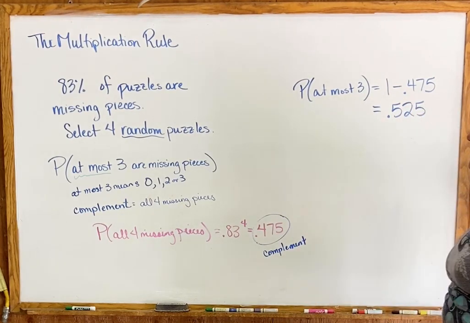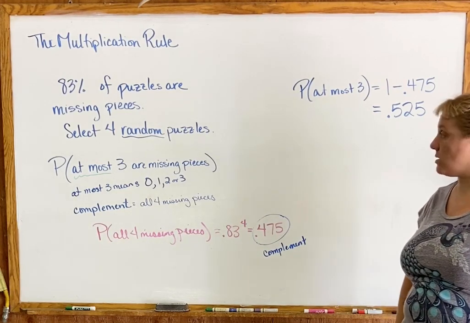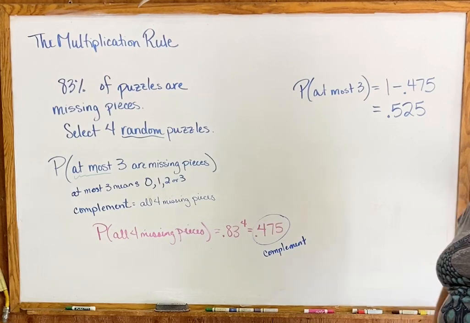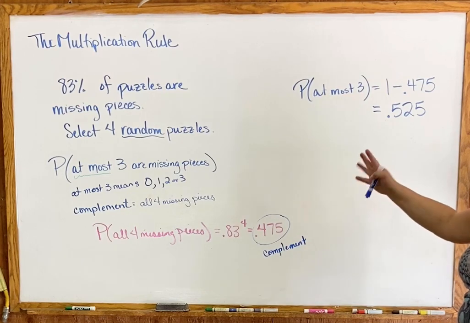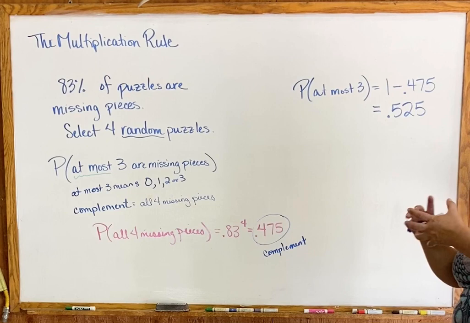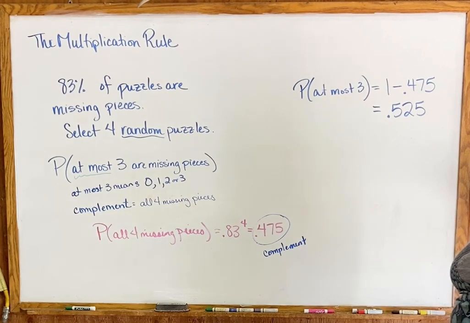So the probability that at most 3 puzzles are missing pieces is 52.5%. So you have to think about how the complement does affect you. We've used a complement a number of times in these problems, and you have to work it out and figure out what the complement looks like.